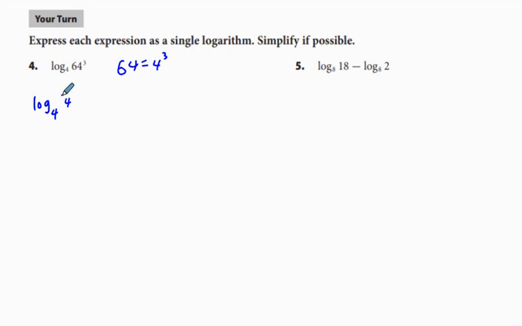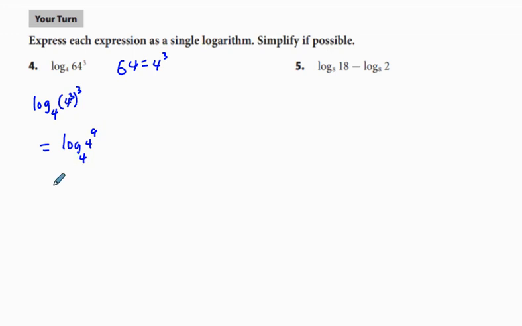So we could write this as 4 to the power of 3 to the third power here. And so that's going to be equal to log base 4 of 4 to the power of 3 times 3, or 9.